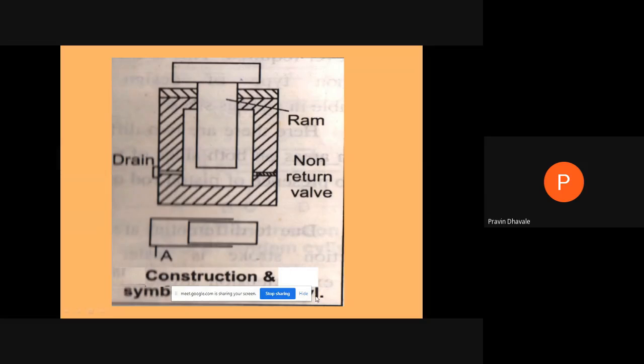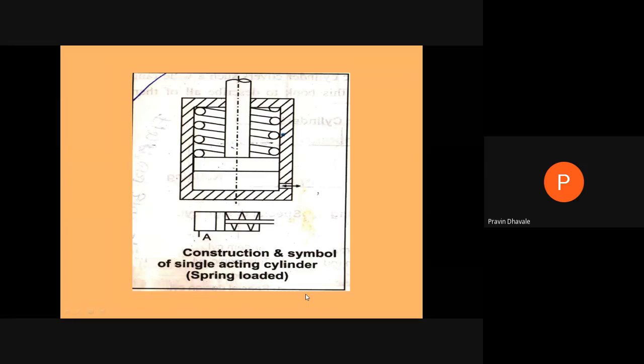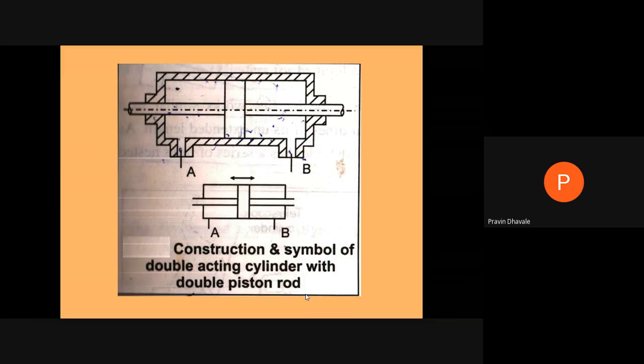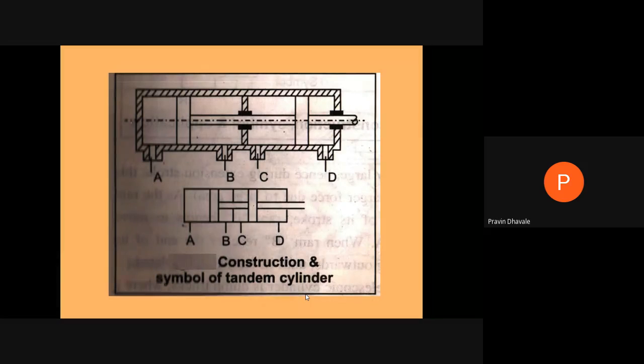Some cylinders are called ram type cylinders. This is the construction and symbol of single acting cylinder, spring loaded cylinder, double acting single piston rod, double acting double piston rod. Tandem cylinder means this cylinder has two pistons, right?